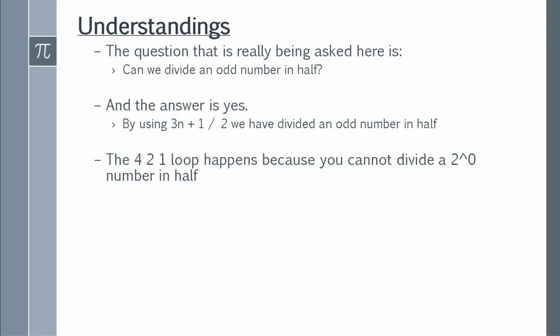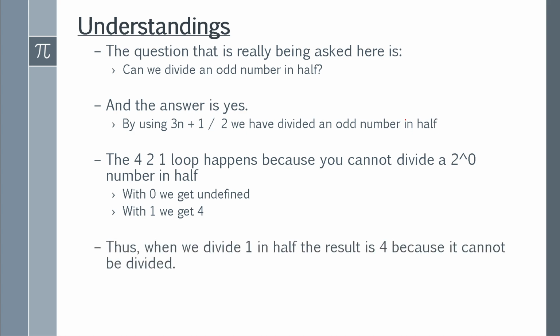So anytime you get to a 0 or just 1 as the remainder, you can't divide those. So with 0 we get undefined, and with 1 we get 4. So when we divide 1 in half, the result is 4 because it cannot be divided.